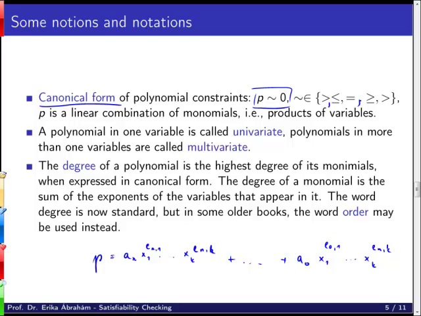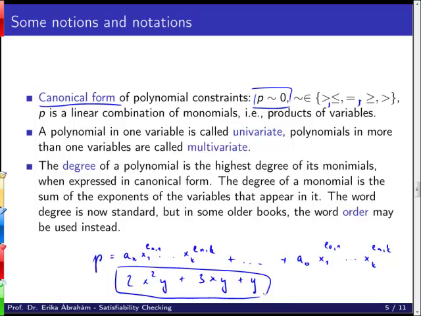So, for example, a polynomial in this canonical form would be 2x squared y plus 3xy plus y. It is even ordered according to a certain variable order. If x is before y, then I order these monomials according to the degree of the highest variable. So this is a canonical normal form. We will assume most of the time that the polynomials we consider are in this normal form.